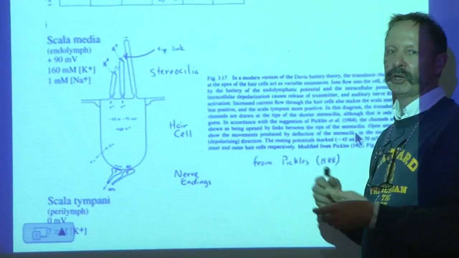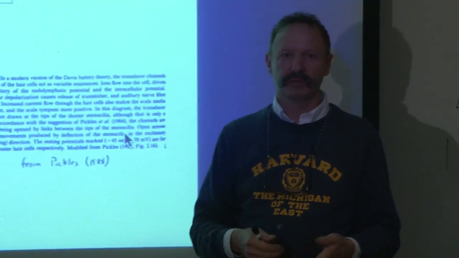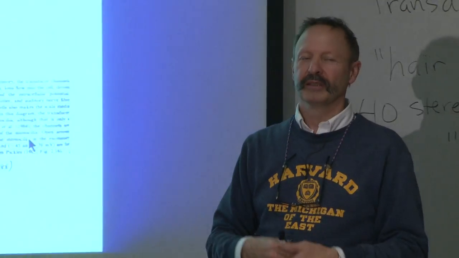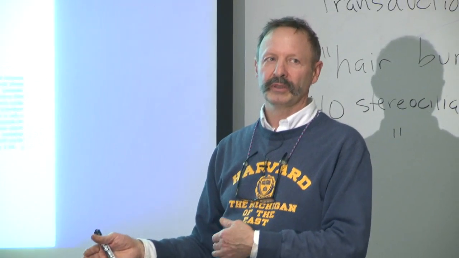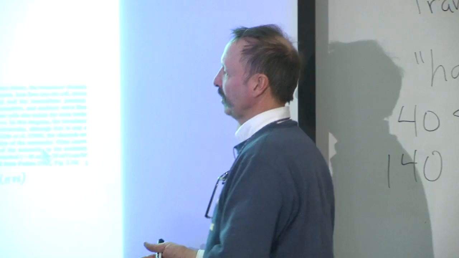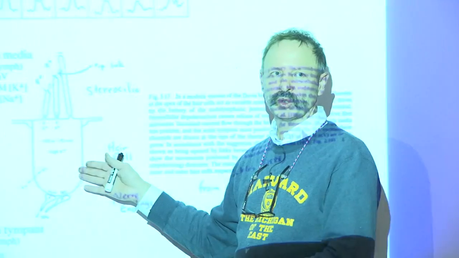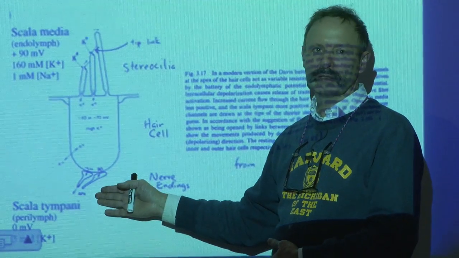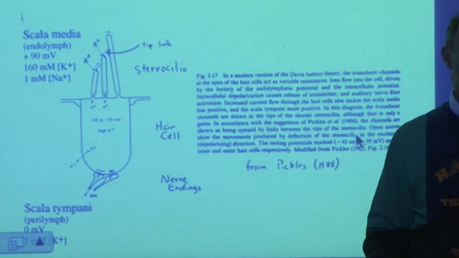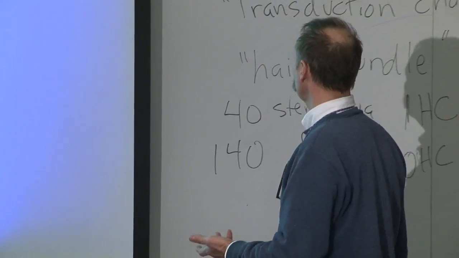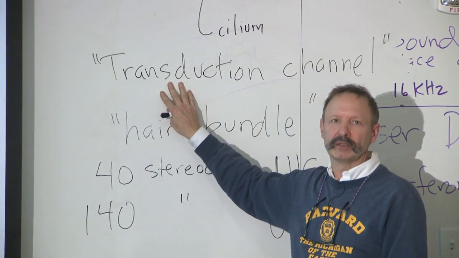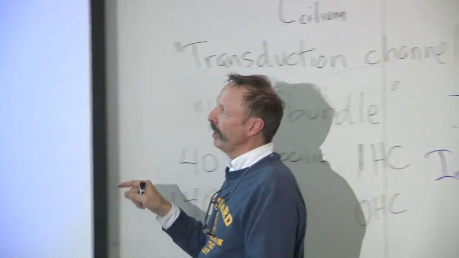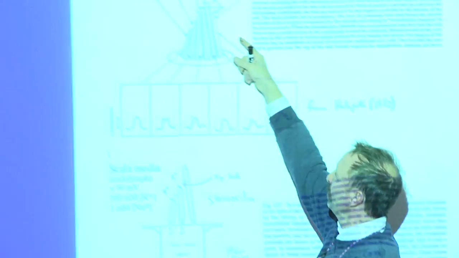But the code of the nervous system, we've been talking about spikes. Somehow you have to get that mechanical energy into the electrical energy of, in the case of hair cells, the receptor potentials, and in the case of the nerve fibers, the action potentials that are going to send messages to the brain.